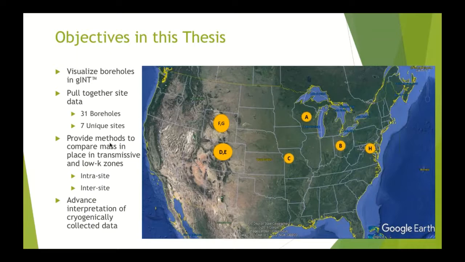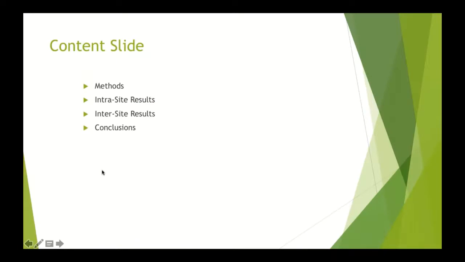The third is to provide methods to compare mass in place in transmissive and low K zones internally in a site, intra-site, and across sites, inter-sites. The final objective is to explore opportunities to analyze cryogenically collected data. The content of this presentation will include a brief description of methods, selective description of intra-site results, selective description of inter-site results, and concluding remarks.